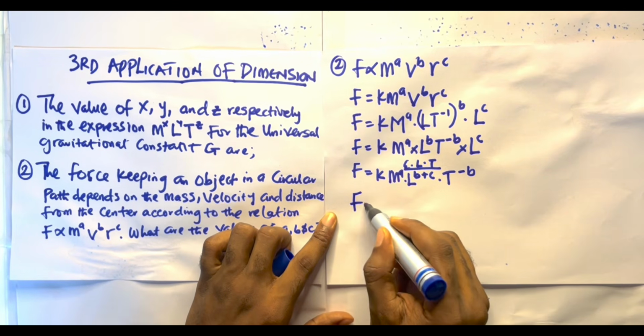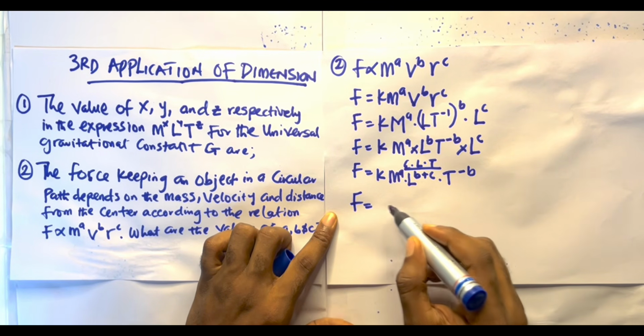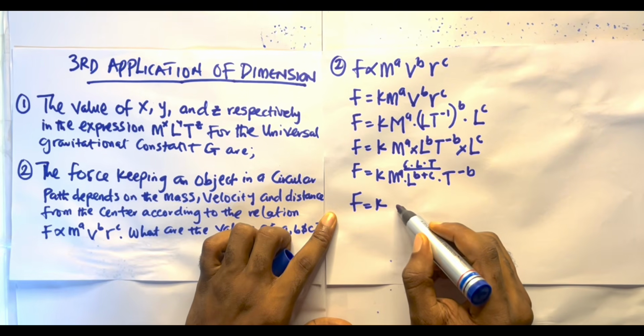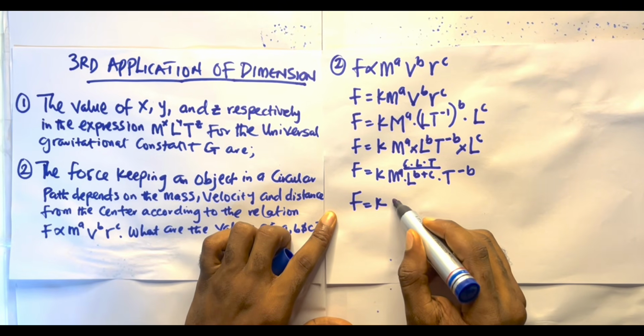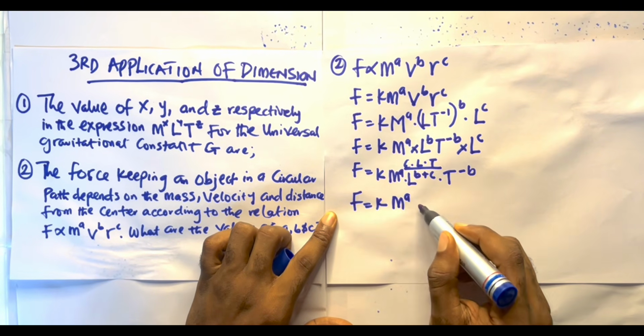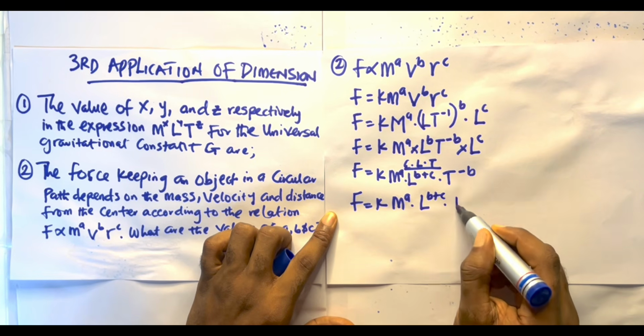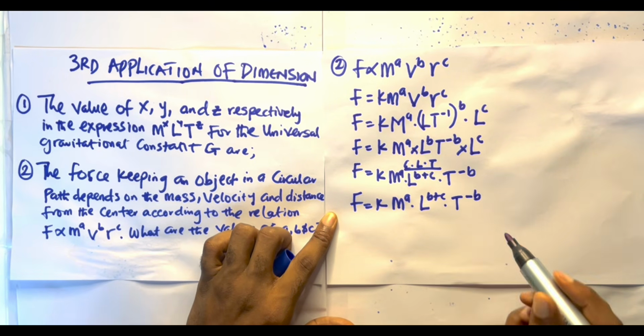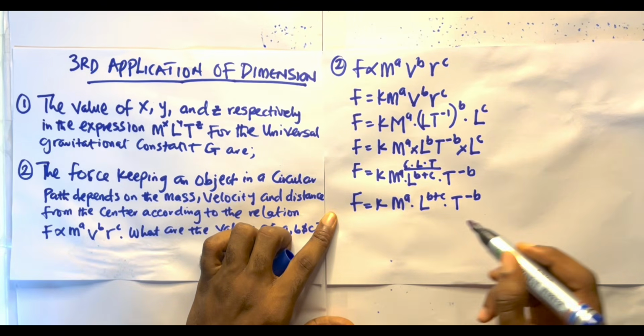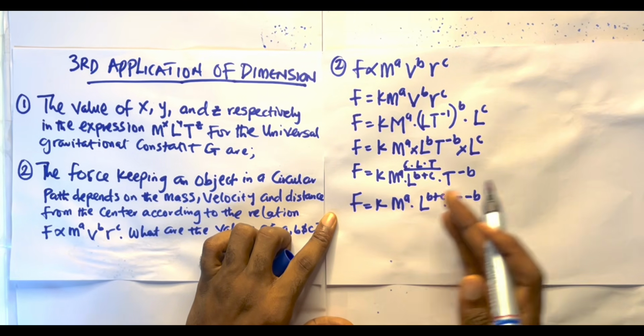So therefore my F will be equal to K, M^a dot L^(b+c) dot T^-b. So from here, we are done solving for the right hand side.